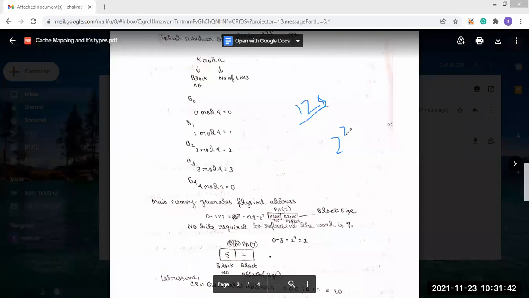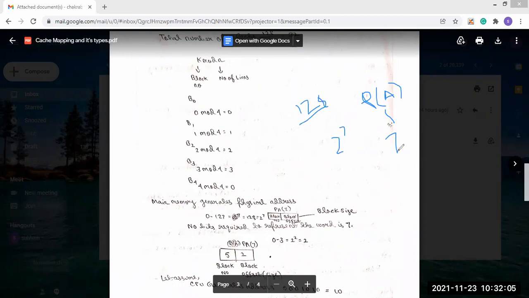That means the physical address of our main memory is 7 bits.